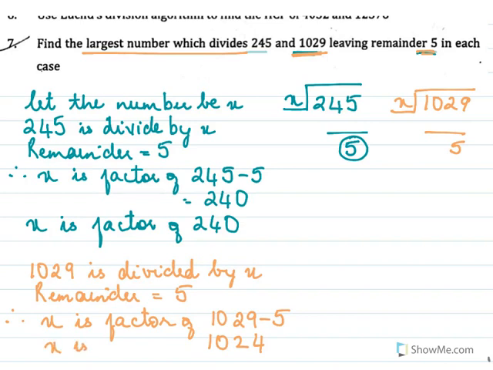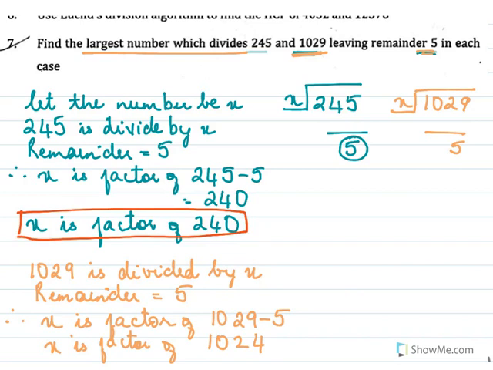So X is a factor of 1024. Now this part is important. X is a factor of 240. X is also a factor of 1024.